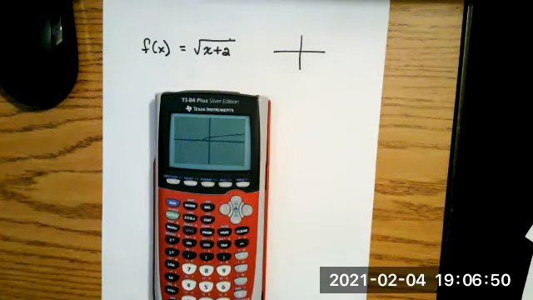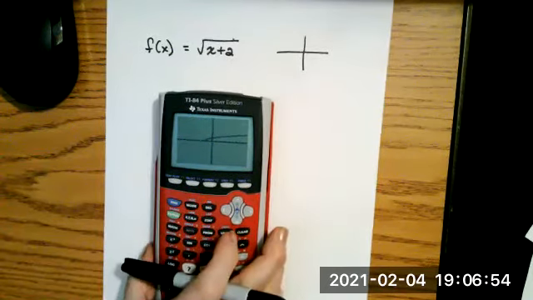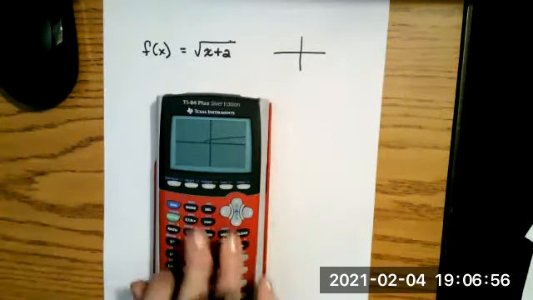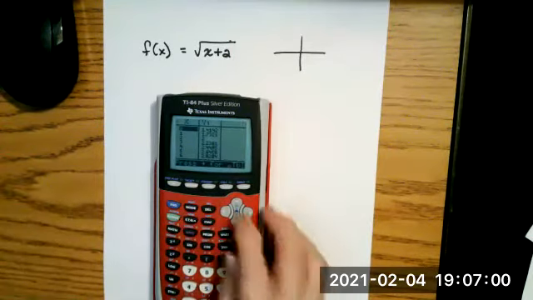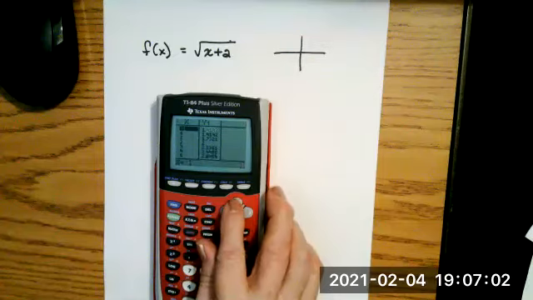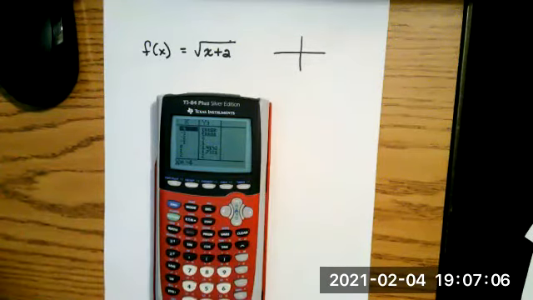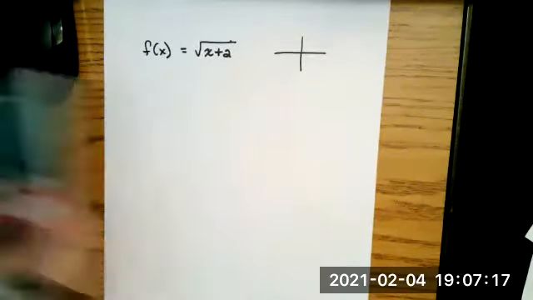It looks like half of a parabola, and it is 1 to 1. And look where it starts. If I do second table, I can see that if I go beyond -2, I get errors. Why do you think you get errors before -2? Because the graph starts at -2.